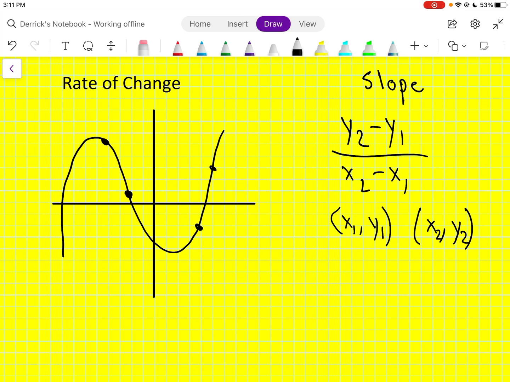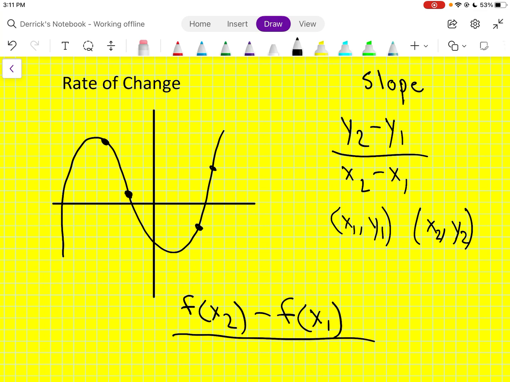You may also see a different version of the slope formula because, as you may know, instead of using y, sometimes we will use function notation, f of x. And so sometimes what you will see for a rate of change formula is f of x sub 2 minus f of x sub 1 over x sub 2 minus x sub 1.